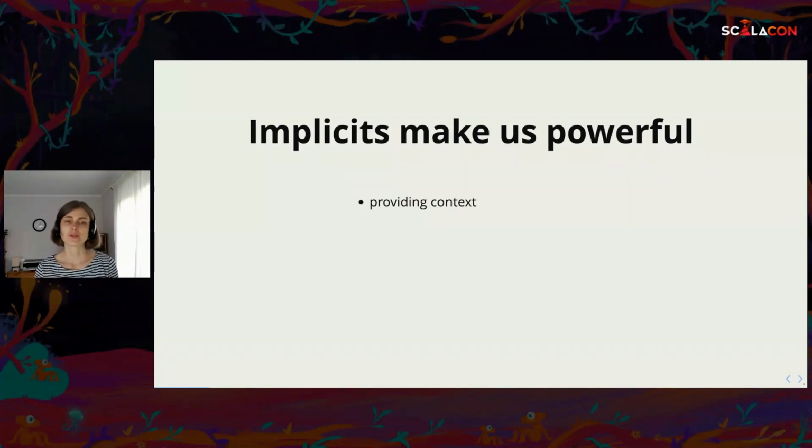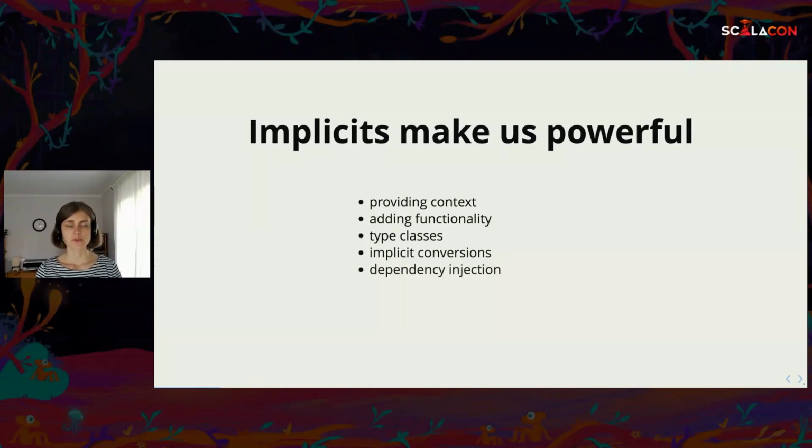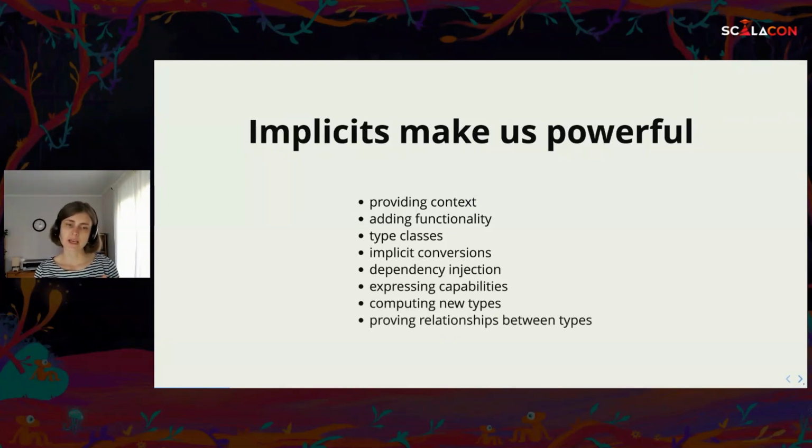So apart from providing context, which is a very broad and general idea and the main part of it, the implicit keyword can also be used to add functionality to your code, to define type classes, which in themselves are very important in the language, to provide implicit conversions between types, to solve the issue of dependency injection, to express capabilities, compute new types, and prove to your compiler that there are some relationships between your types.